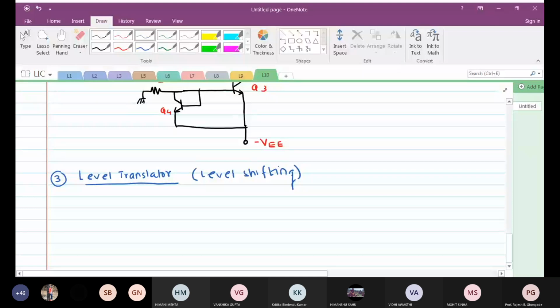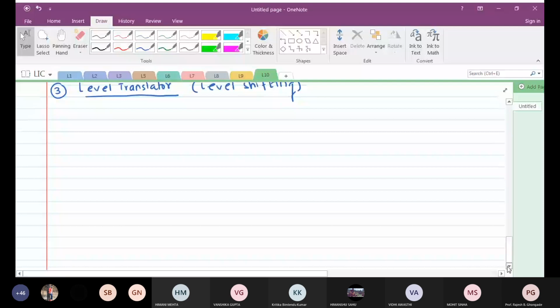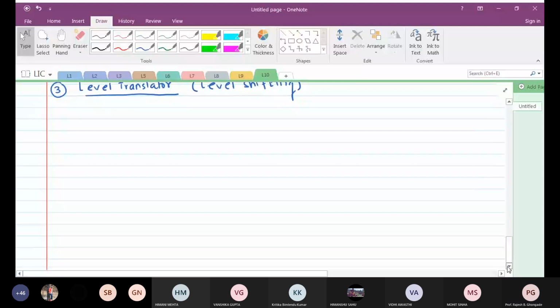Fine. Now, let me draw the two differential amplifiers with an example here, and then things will be more clear. So now we are looking at the bigger picture.